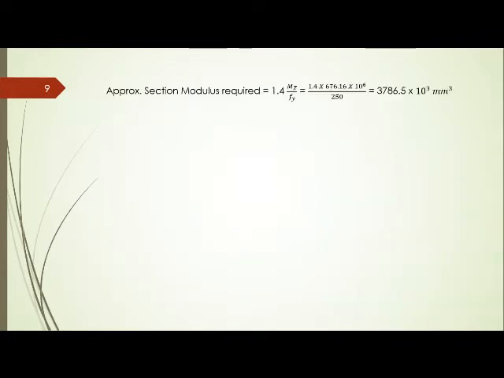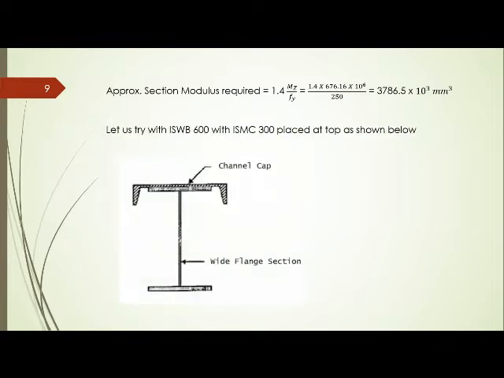We have done the video up to this level: we have chosen the section to be used as a gantry girder. We have decided that the section will consist of ISWB 600 and ISMC 300 as a channel cap.